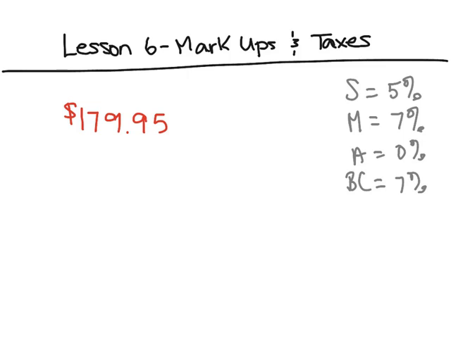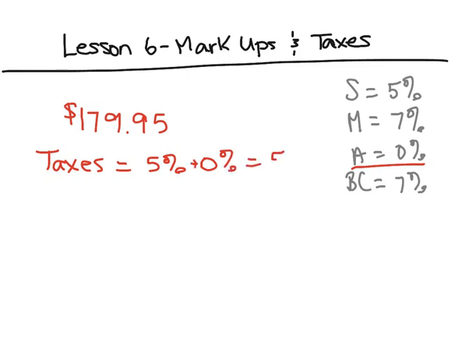So we know we have taxes. You have to pay 5% GST. And because it's Alberta, there's 0% for PST, so altogether he's paying 5% on his boots. So first we're going to calculate the taxes. So we go $179.95.